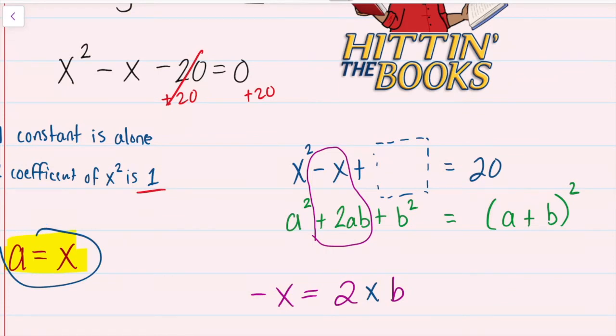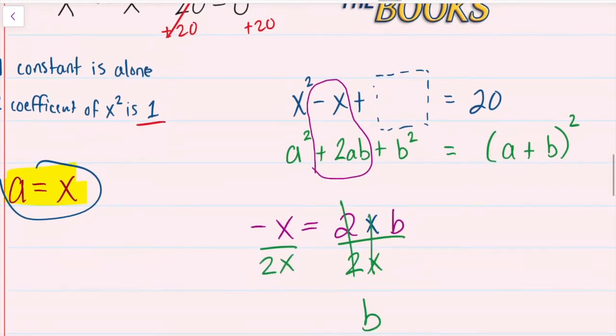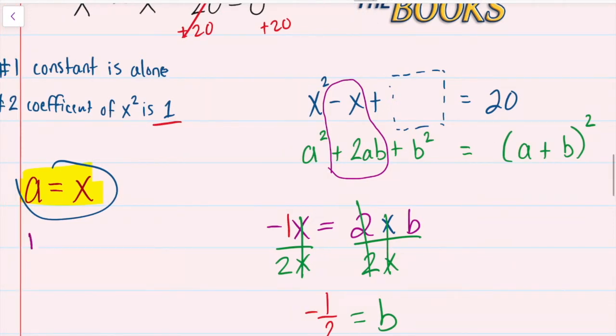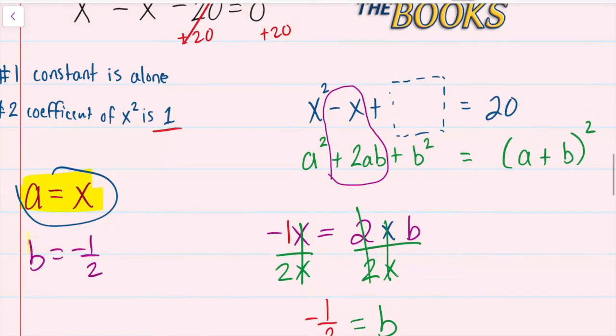Now we are ready to leave the letter b alone. Divide by 2x. You left the b alone. b is equal to, the x's cancel, and we had already discussed there's a 1 there, so our b is actually negative 1/2. We found our second letter.